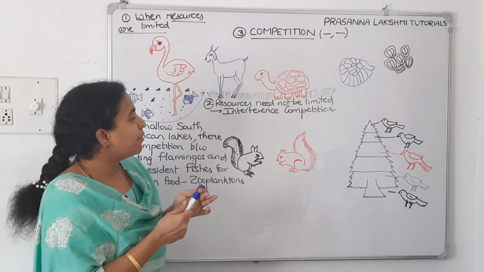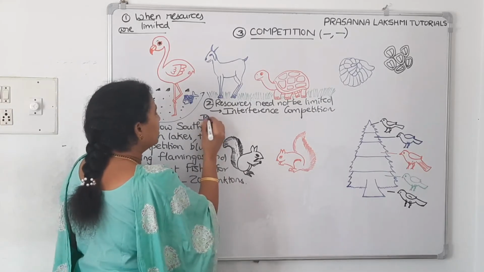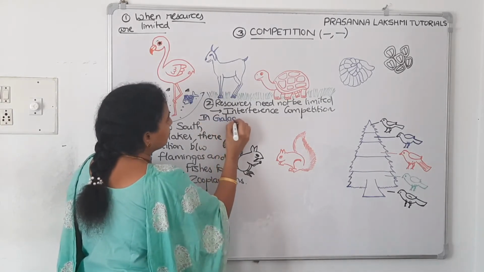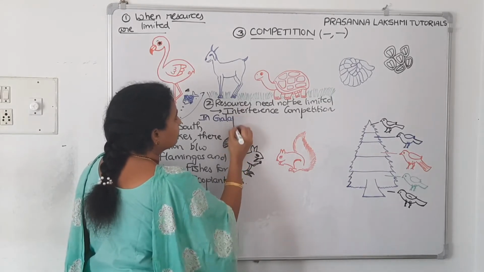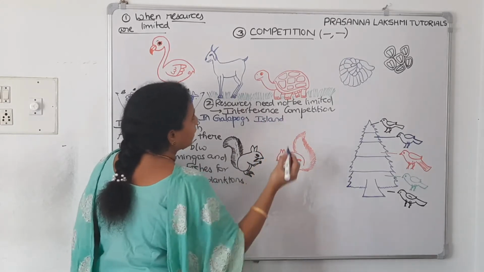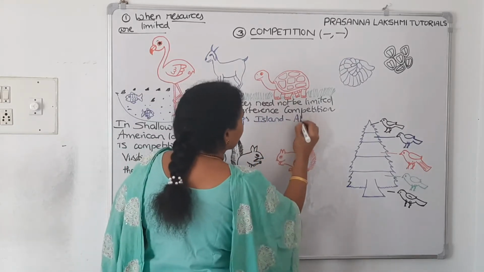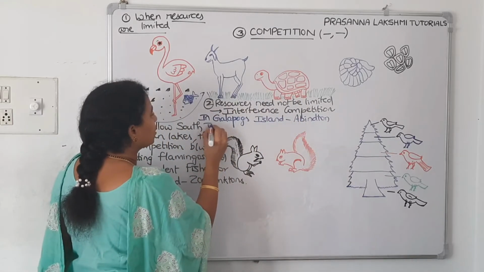So what is that example we are talking about? We are telling in Galapagos Islands. I am writing here. In Galapagos Islands, abundant tortoise. What is this? This is abundant tortoise.